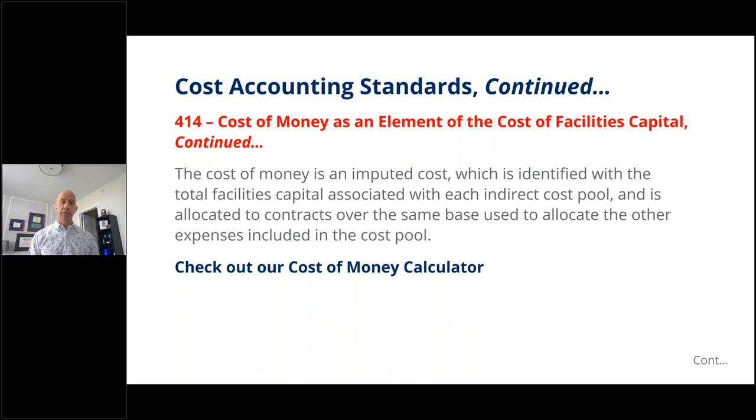But if you look at the incurred cost proposal, one of the things that you have to do is allocate your assets across the cost pools. So you'll have a list of assets or a list of groupings of assets, and then you have to identify, are those assets in overhead? Which overhead are they in? Are they in a facilities or intermediate pool? Are they part of the G&A pool? And then you can have a cost of money for each of those pools. So it gets to be a bit complex. You can also have cost of money calculations for individual contracts as well.